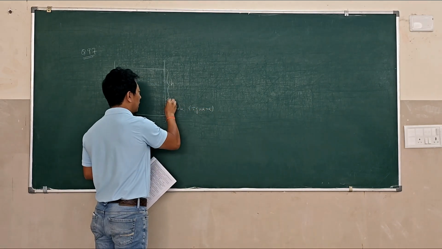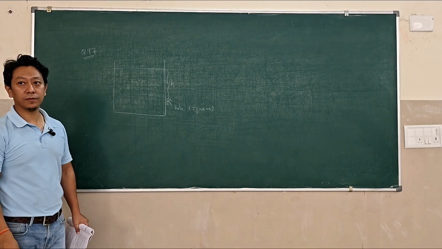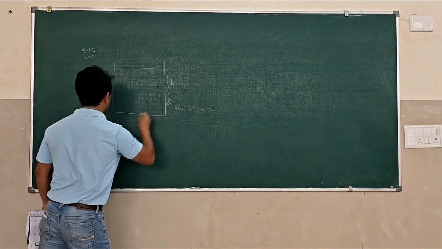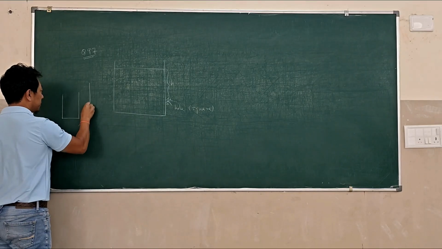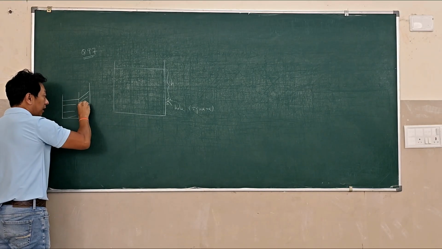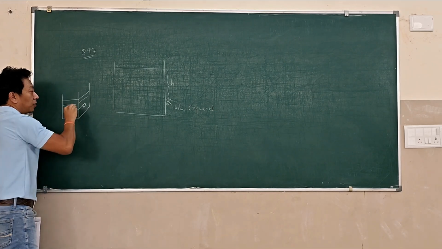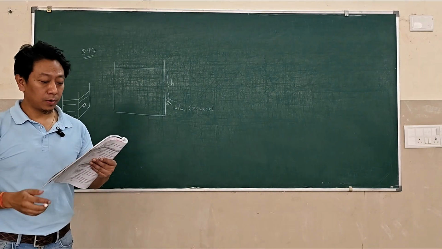What is the side? a. Like from here if you see, it will be like this, no? So the hole that they are making is a square hole.